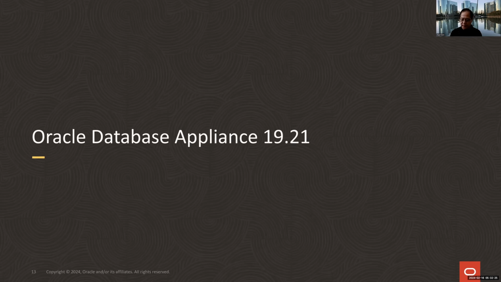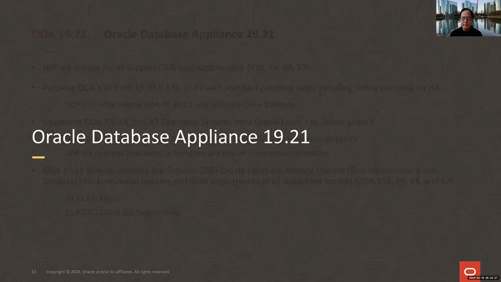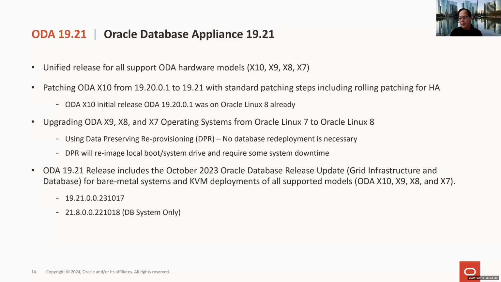So this is our latest, 19.21. And of course, every quarter we release this, and it always has the latest patch for the database and for the GI. So you always have the option to patch all your databases to the latest, but you don't have to, right? We don't force you to do it.